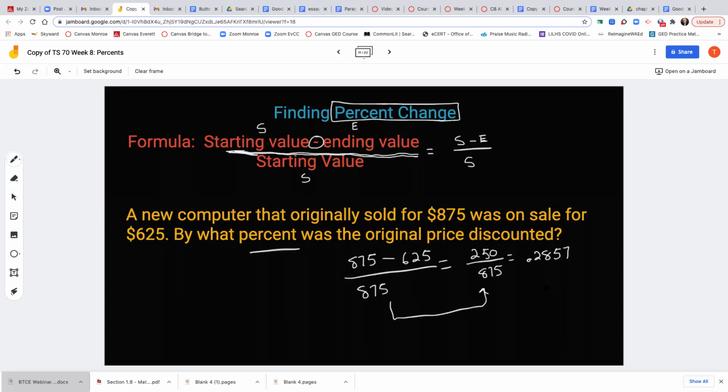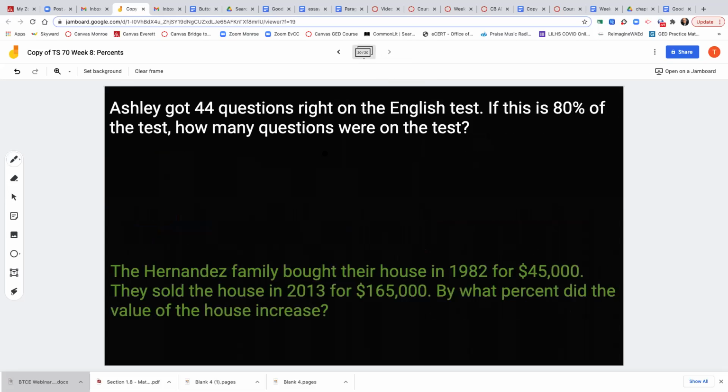So I can move the decimal point 2 places, so it's 28.57%. That is the percent of the discount. It's a 28.57% discount here, okay? So that is an example of how you would do the math to find percent change. All right, let's see if I have one more, if I can plug in real fast here.